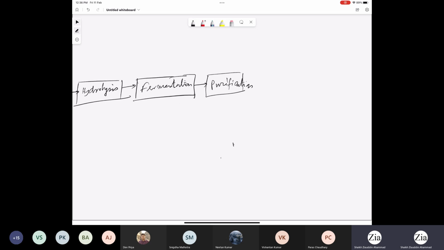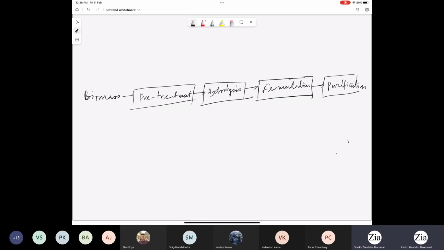So most of the biomass, when you talk about biomass, we mostly talk about different lignocellulosic residues. Like if you use wood chips or any other waste biomasses like rice straw, wheat straw, or different grasses, even sugarcane bagasse, means different sugarcane residues.